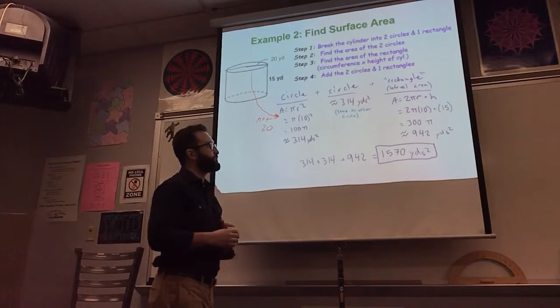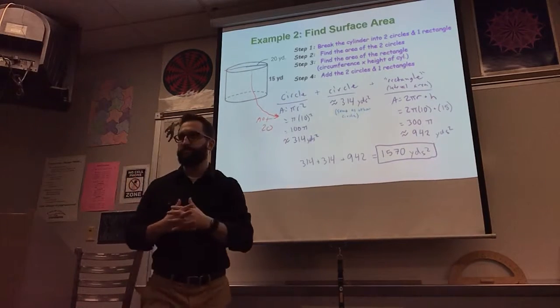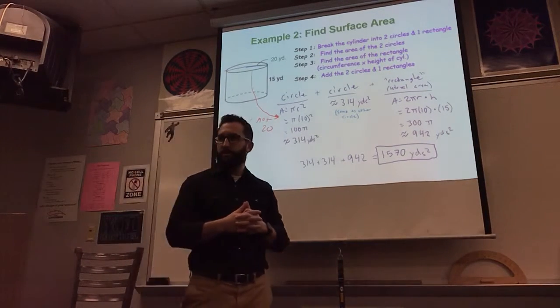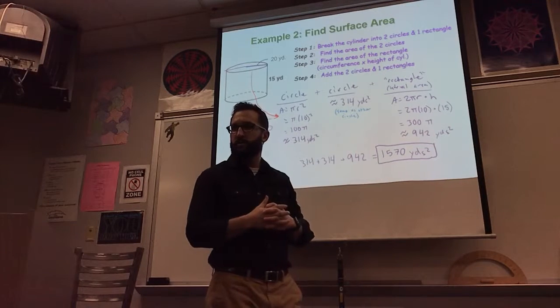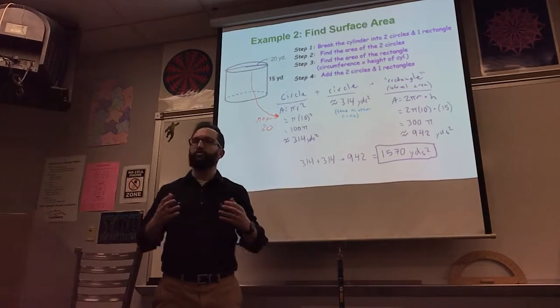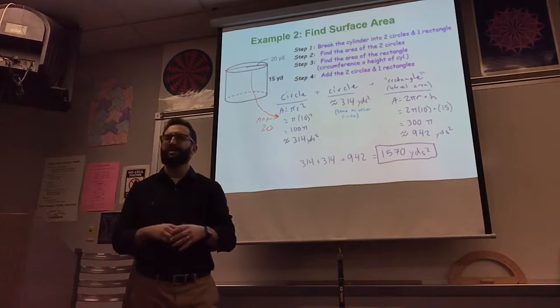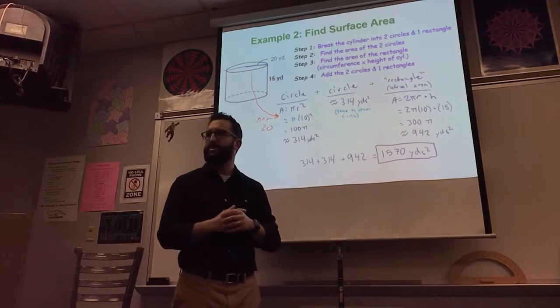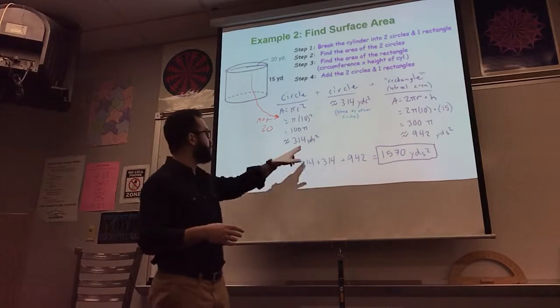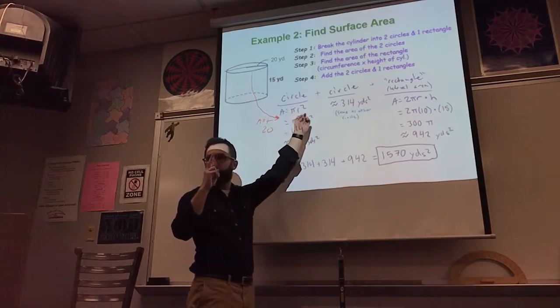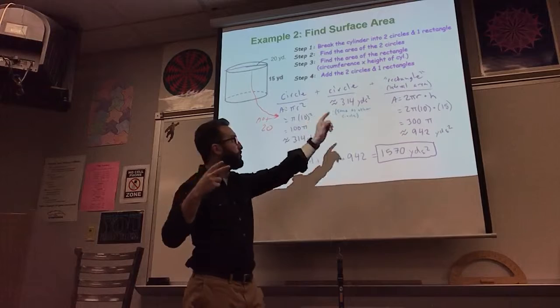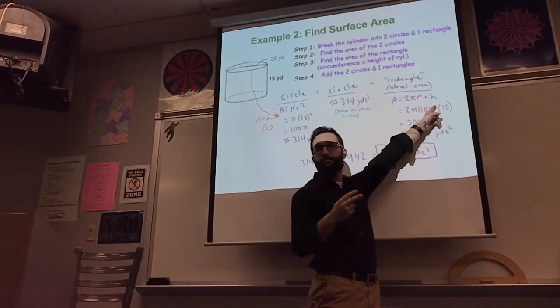For the rectangle, you said we have to do the 2 times pi r, or can we just do pi times diameter? You can. You can do pi times diameter. That's absolutely fine. I'm going to tell you right now, if you get a formula for this one, it's going to look like this: 2 pi r squared, because of the 2 circles, plus 2 pi r h.